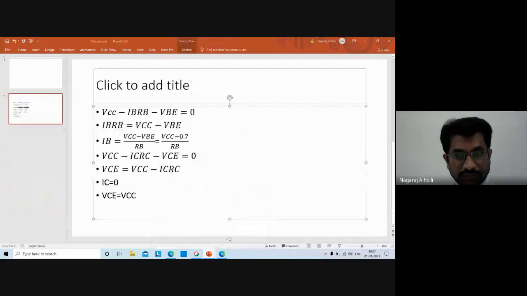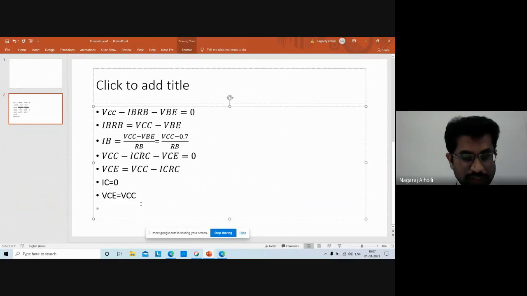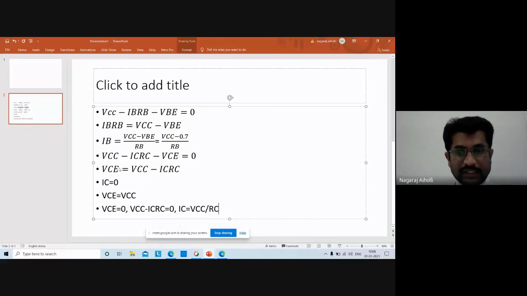If I substitute VCE equal to 0 in this equation, the equation will be VCC minus ICRC is equal to 0, or IC is equal to VCC divided by RC.